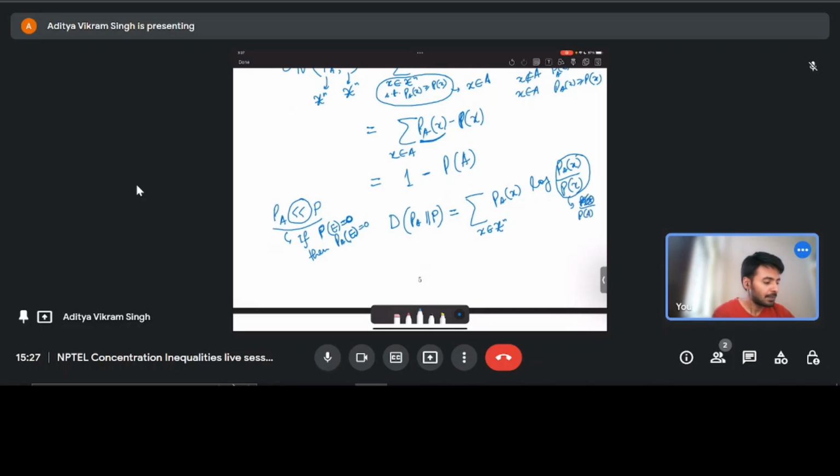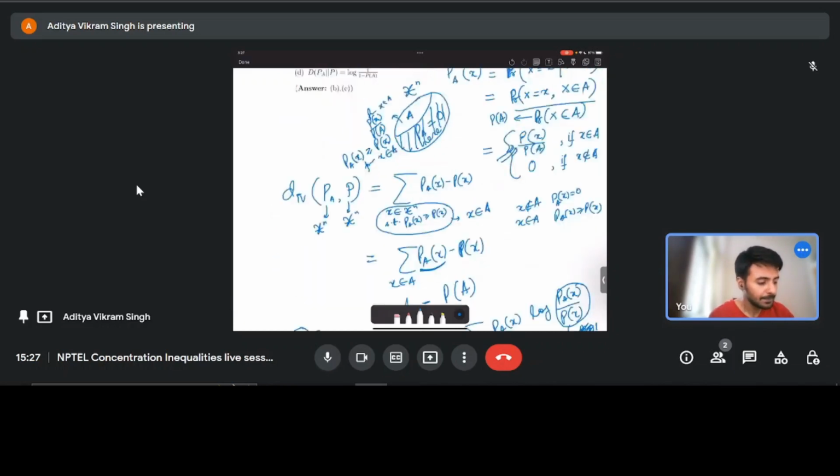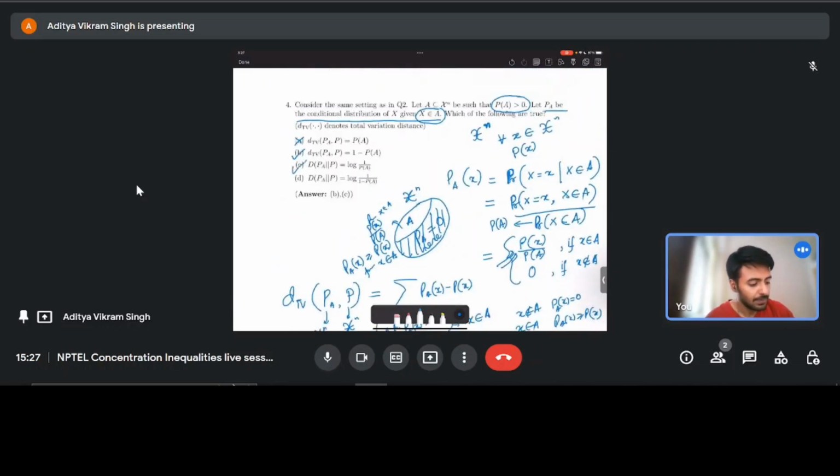So this cancels P of x, and we have 1 by P of A. So basically log 1 by P of A, and then the summation over x in Xn of PA of x. We are summing PA over all x's, so this should be 1. So we are just left with log 1 by P of A. So C is correct and D is incorrect.